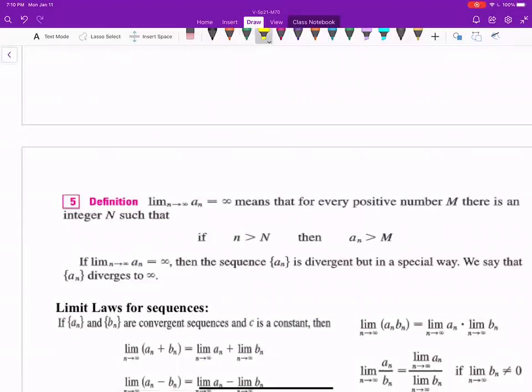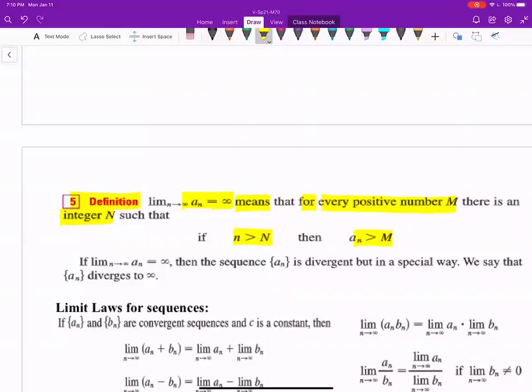The next definition is about the limit as n approaches infinity of a_n equal to infinity. If the limit of the nth term of a sequence is infinity, then this means that for every positive integer M, there is an integer N such that if n is more than N, then a_n will be more than M. So this is the actual definition of the limit when the limit is equal to infinity.